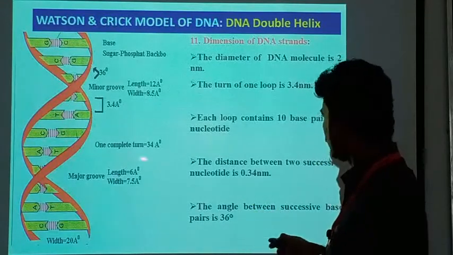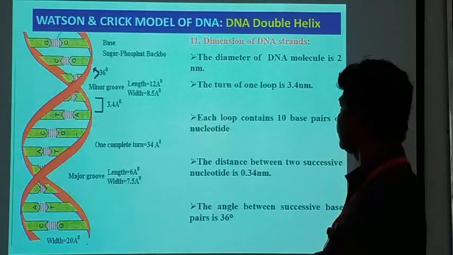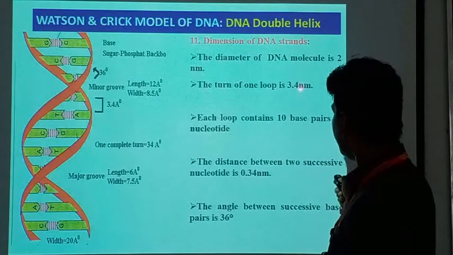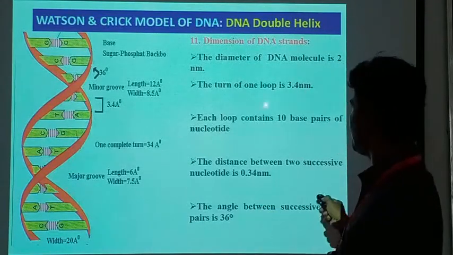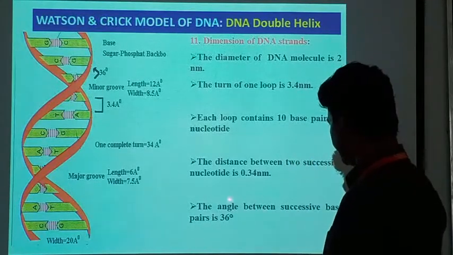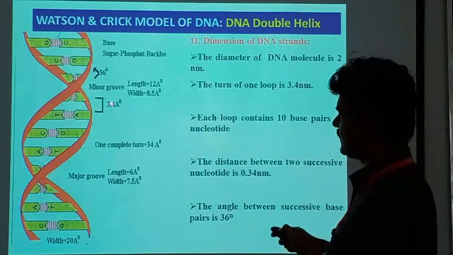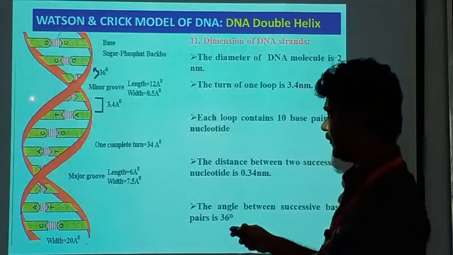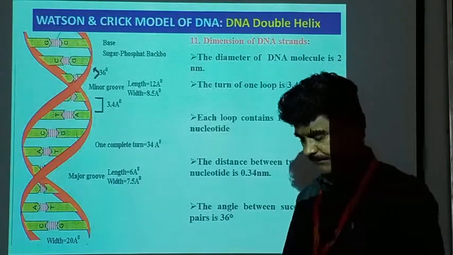The entire turn of one loop is 3.4 nanometer. Then, according to Watson and Crick, the angle between successive base pairs is 36 degrees. See here, successive base pairs: the angle between them is 36 degrees.